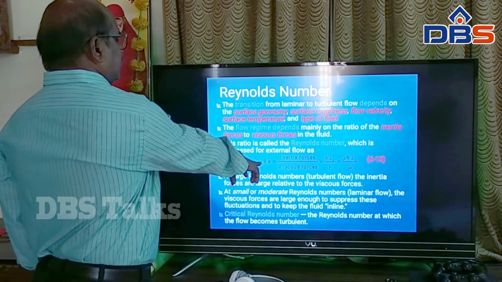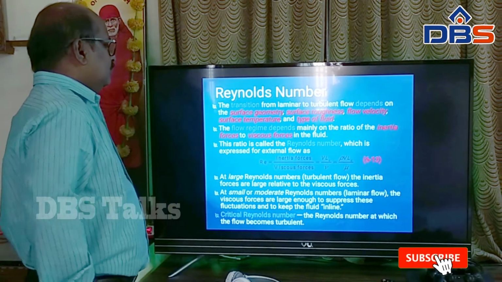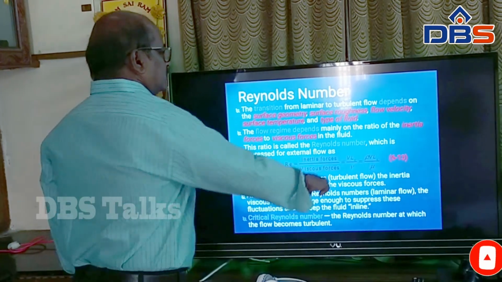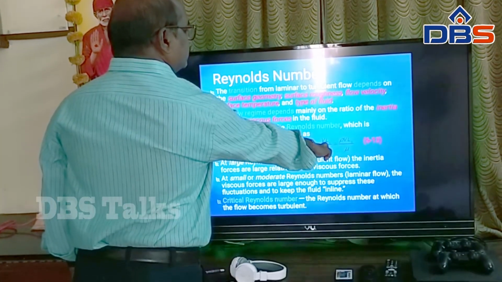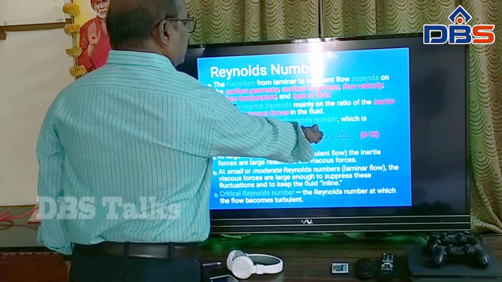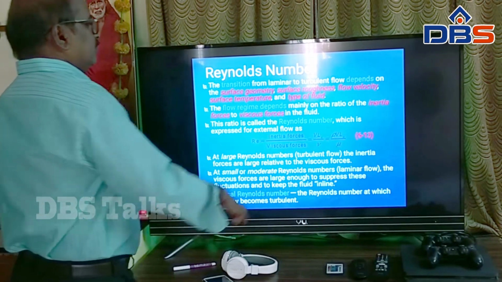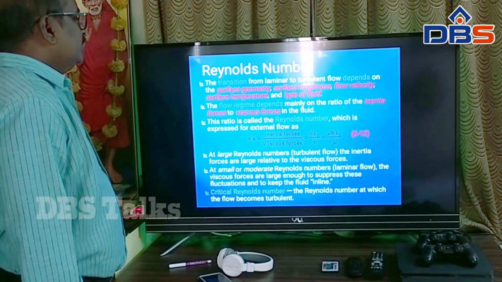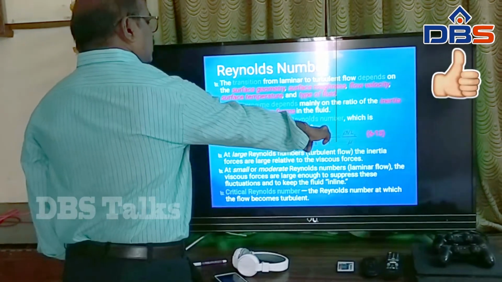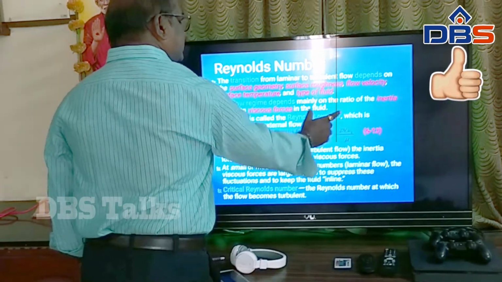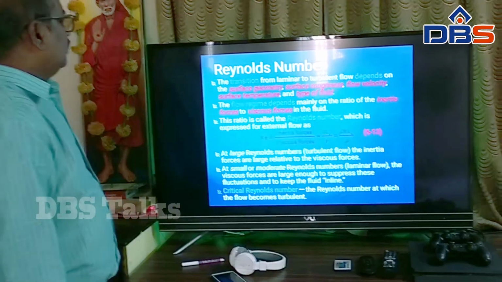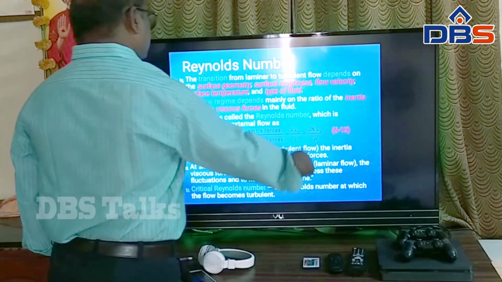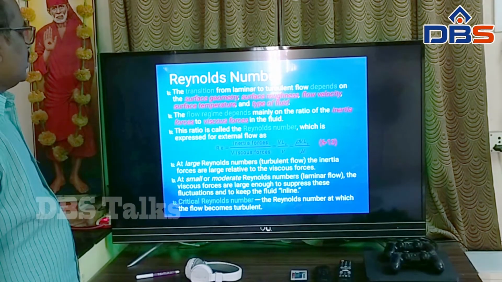The Reynolds number we can define as the ratio of inertia forces to viscous forces, that is V L by nu, which we can simplify as rho V L by mu. Rho means the density of the fluid, V means velocity, L means the length of the laminar layer or whatever it may be, and mu is the dynamic viscosity of the fluid.